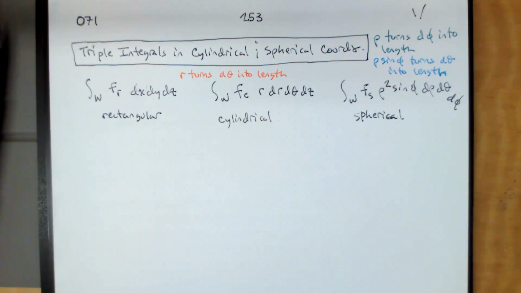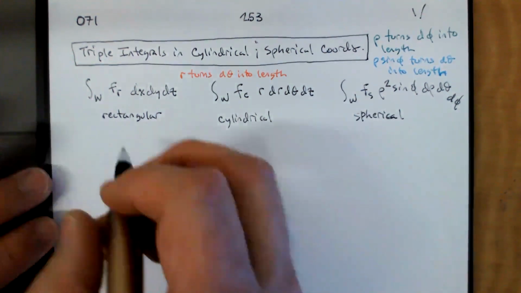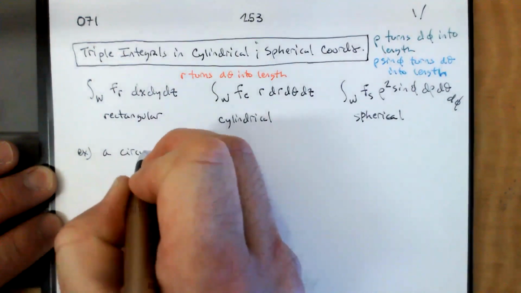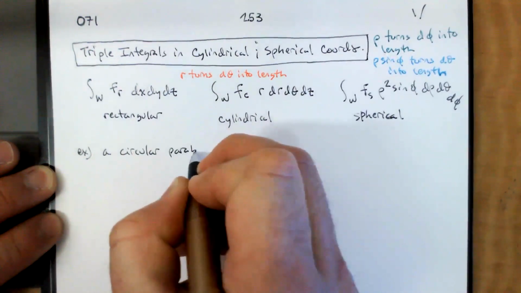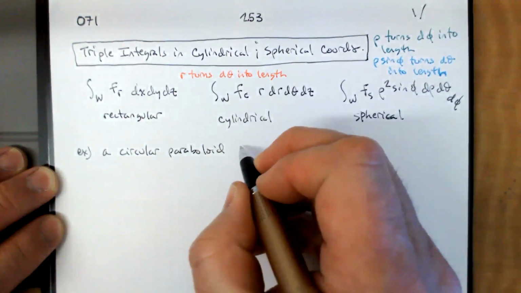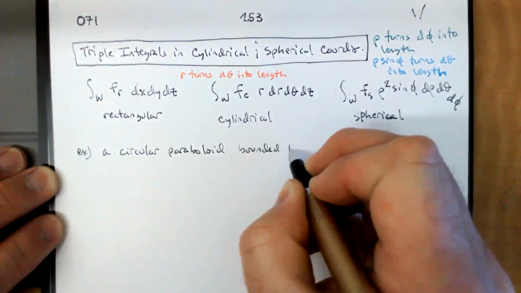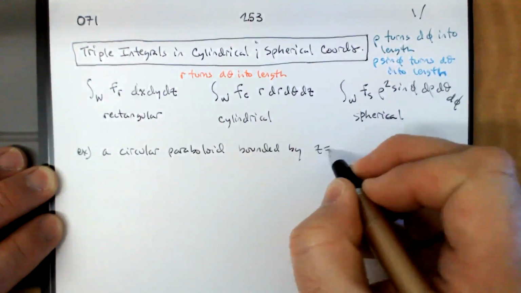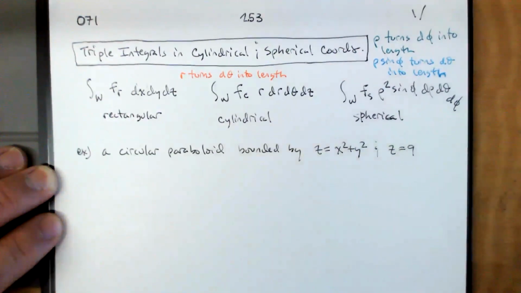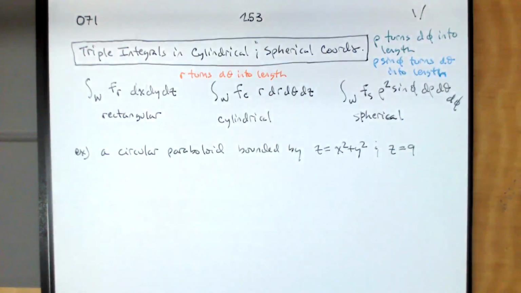So recall, in the past, we had looked at a circular paraboloid bounded below by z equals x squared plus y squared, and above by z equals 9.